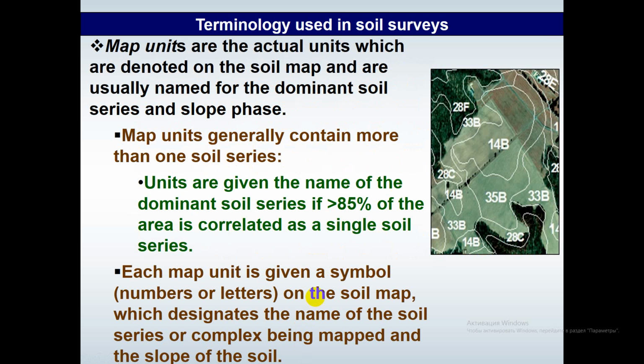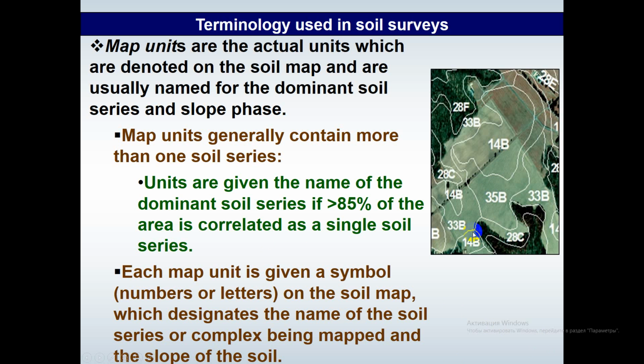Map units are the actual units which are denoted on the soil map and are usually named for the dominant soil series and slope phase. Map units generally contain more than one soil series.